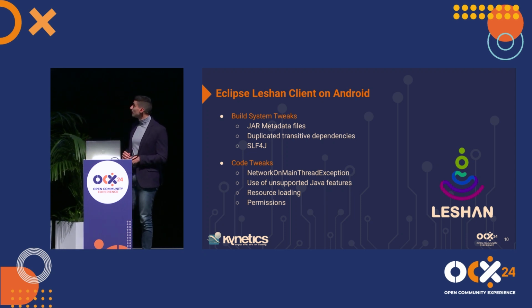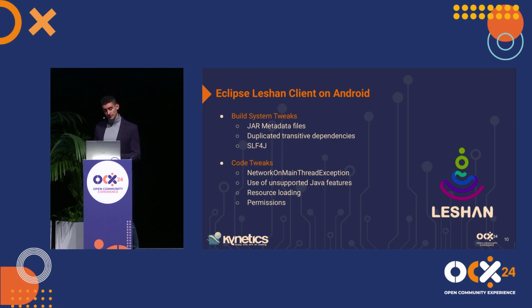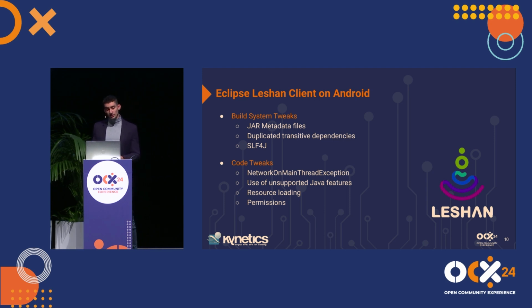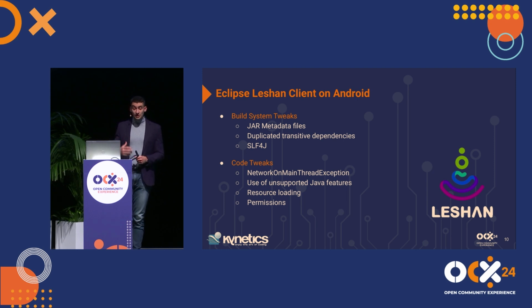At the code level, though, we had even more difficulties. For example, we found out that Leshan was using an XML parser which is not supported on Android. So we had to go into Leshan's code base and patch the code to ignore some exceptions thrown by the Android built-in XML parser. Other differences were about resource loading.